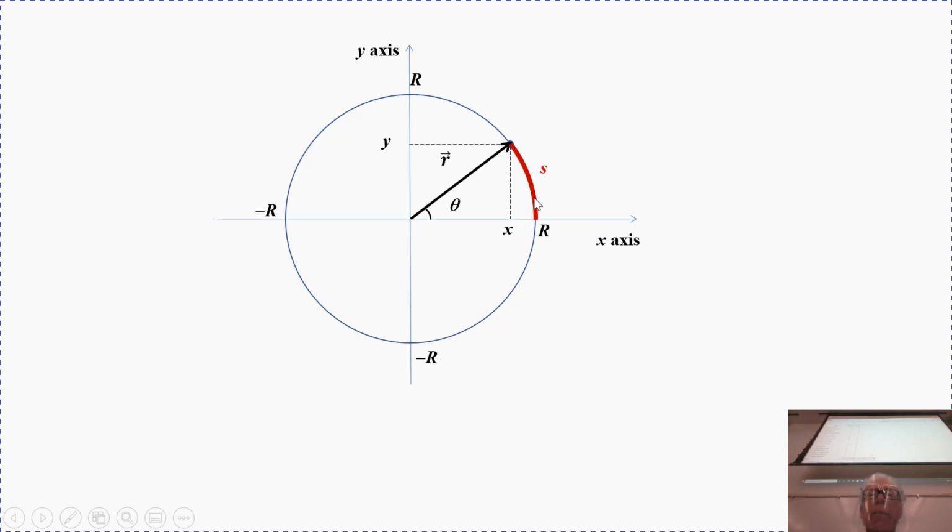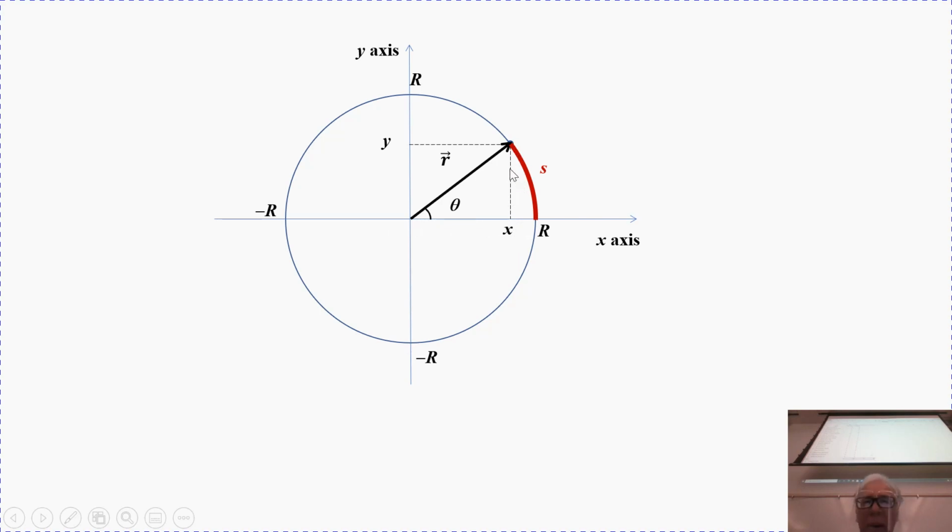The distance that the particle travels along, not displacement, but the distance that the particle travels along this circular arc, okay? So, for starters, we can say that the x component of the particle is going to be the radius of the circle, can you see that? Times cosine of theta, right? X is r cosine of theta, and y is what? R sine of theta.